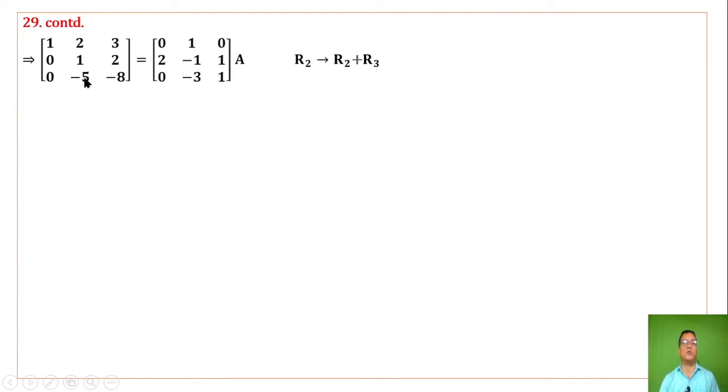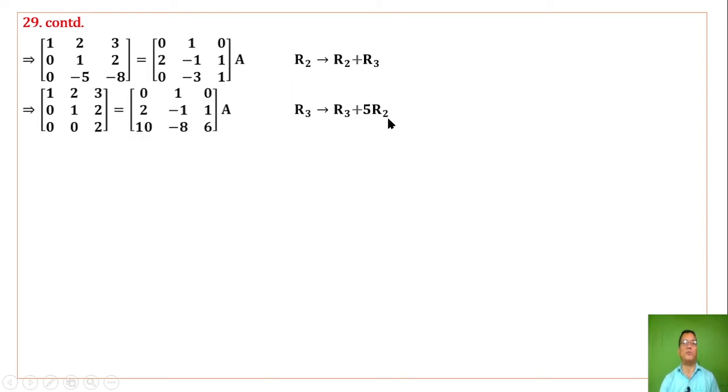Then add 5 times the second row to the third row, and we get the new third row.